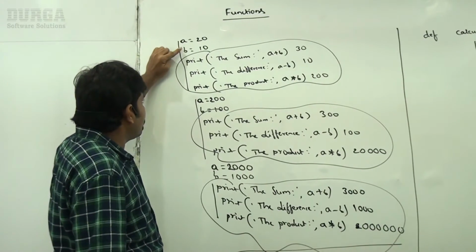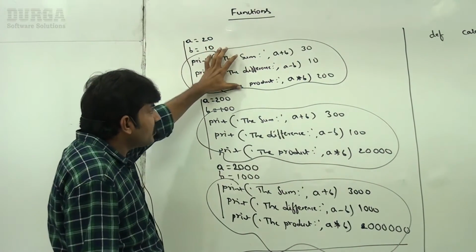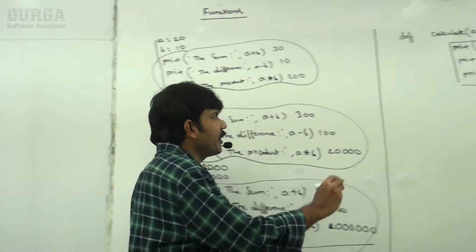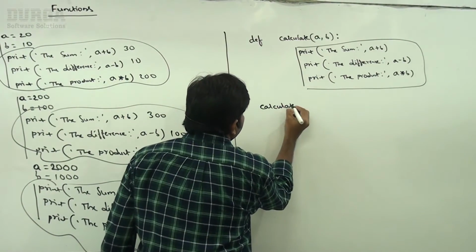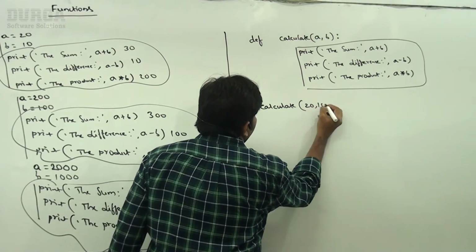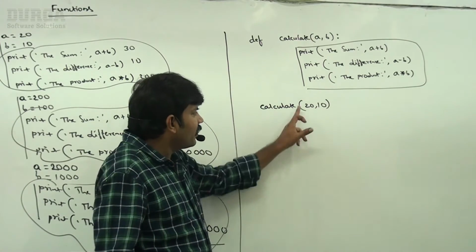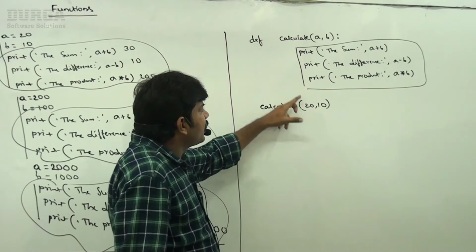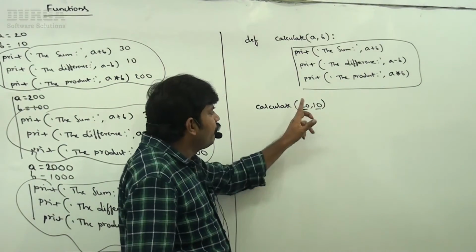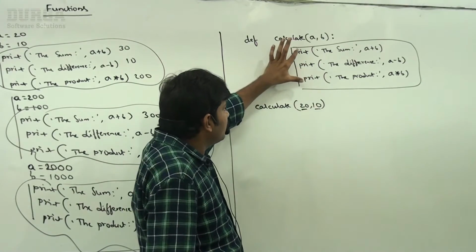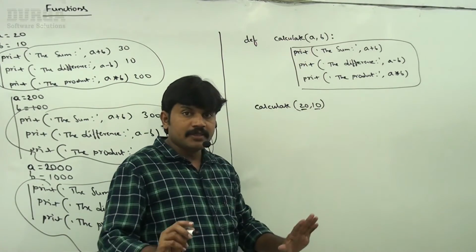I want this activity, right? Now what I have to do? Just call calculate of 20 comma 10. Now, sir, A value will become 20, B value will become 10. With this 20 and 10, these print statements will be executed.